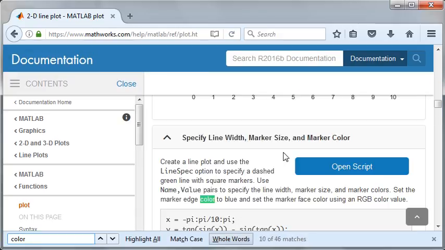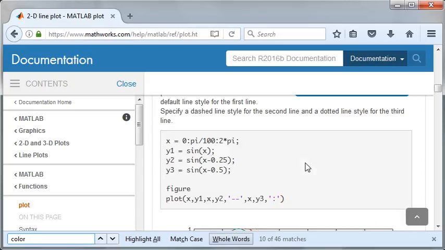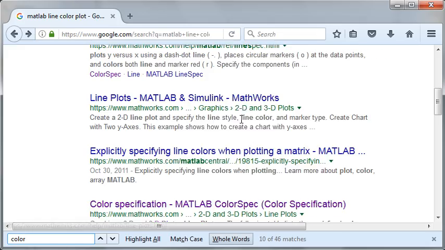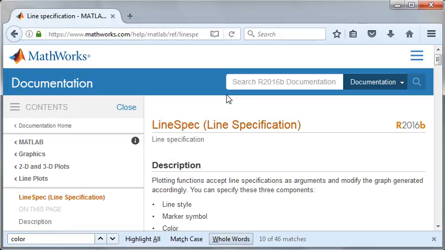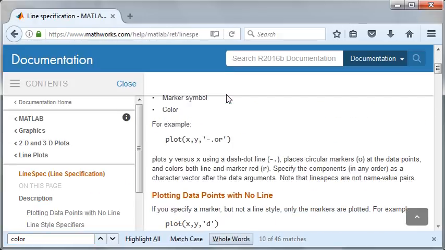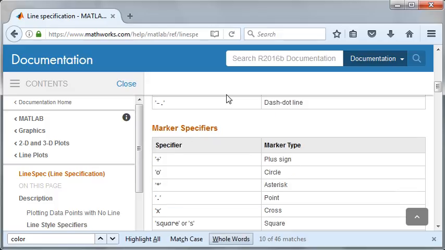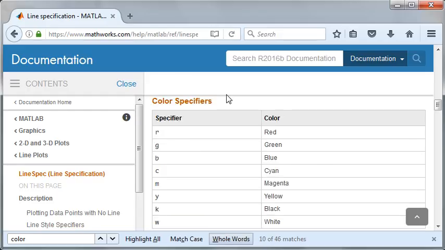If it's B for blue, then what is it for black? Okay, specifier, what kind of line?